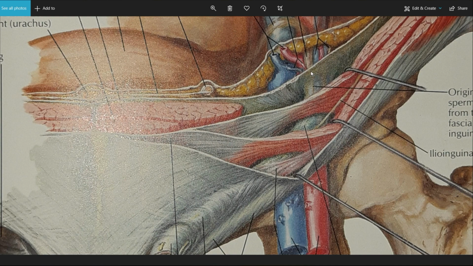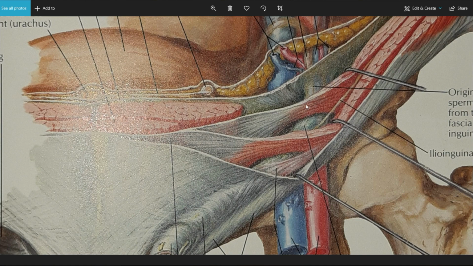It is coming from the deep, so fascia transversalis is the first deep structure that it encounters. So the internal spermatic fascia, see how logical it is. It is obviously a covering derived from the fascia transversalis, because it is coming from the deep, and fascia transversalis is the first structure in this inguinal canal that it encounters.